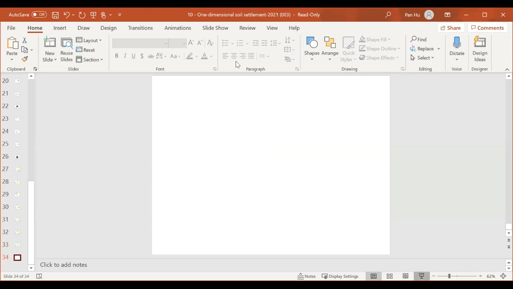I haven't prepared any slides, but let me do some hand drawing on the blank slide. For the final exam, it seems to me there will be four main questions. Questions 1 and 2 relate to lectures 1 to 5, and questions 3 and 4 will be related to lecture 6 to lecture 10.